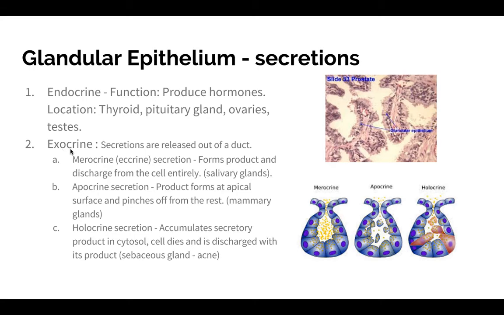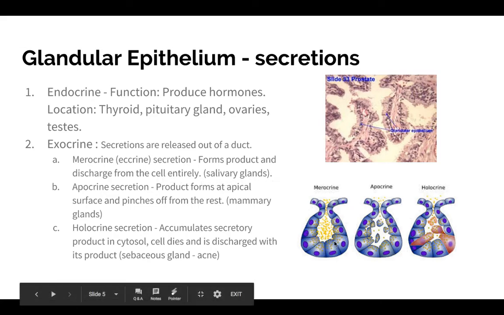These are also secretory glands, and the secretions are released out of some kind of duct. The first type we're going to look at is the merocrine secretion, which is also called eccrine. It forms the product, and it discharges from the cell entirely, such as the salivary glands.